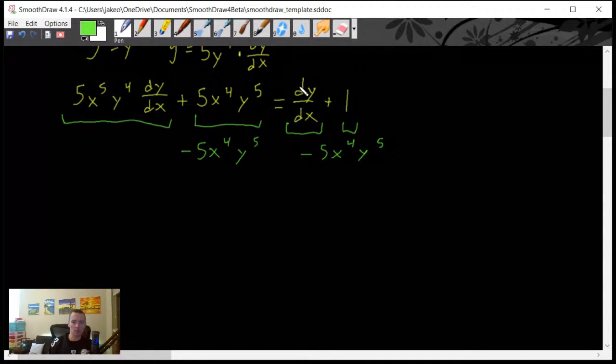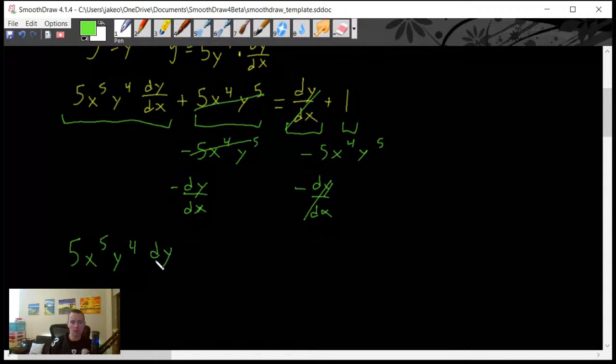And then we have a dy dx term over here, which we want to subtract from both sides of our equation, so that we cancel this one from the left side, we cancel this term from the right side, and then what we are left with is this 5x to the fifth, y to the fourth, dy dx, minus the dy dx from the right side, and then equals this 1 that was over here on the right before, minus 5x to the fourth times y to the fifth.